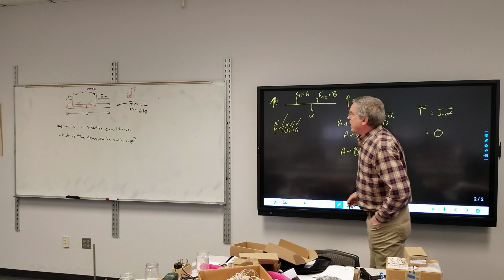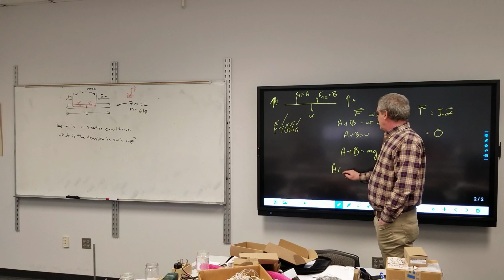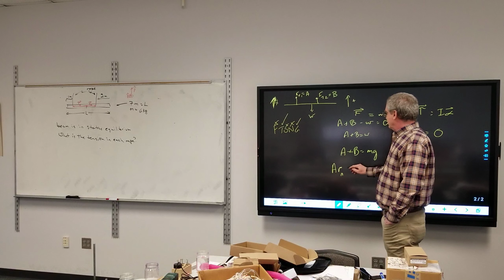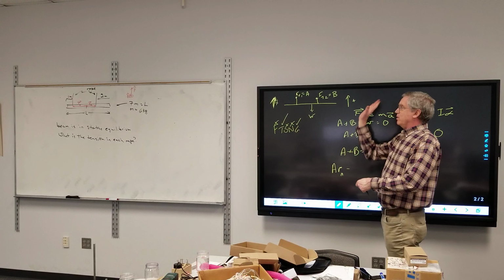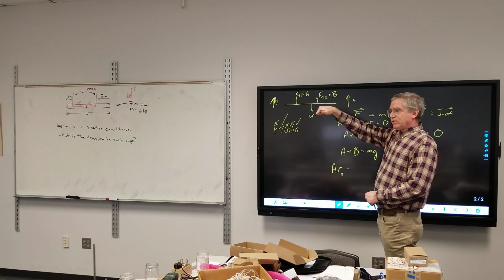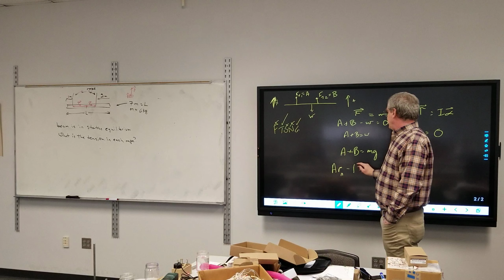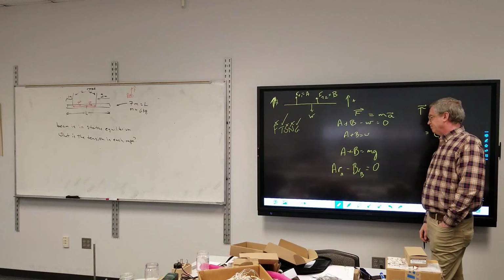So I have A times r_A minus, well, the other one is going to try to rotate it counterclockwise, which we've declared to be negative, minus B r_B equals 0.